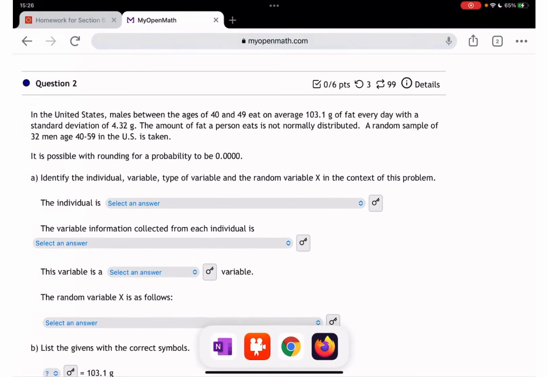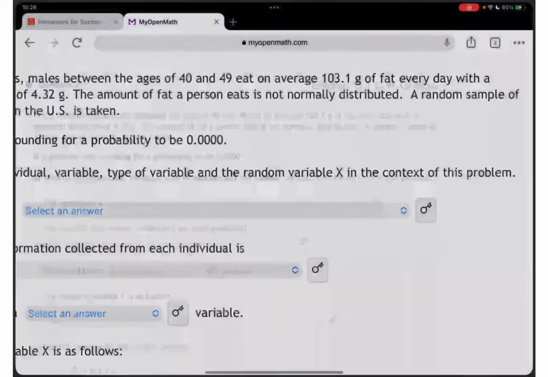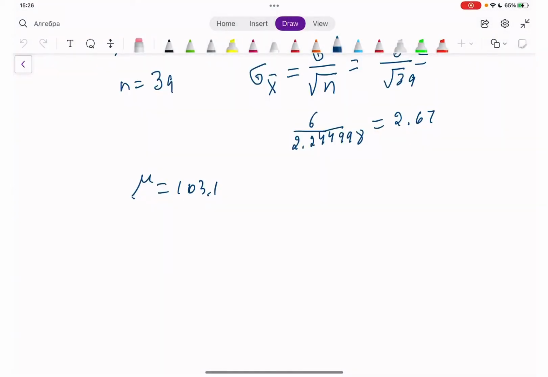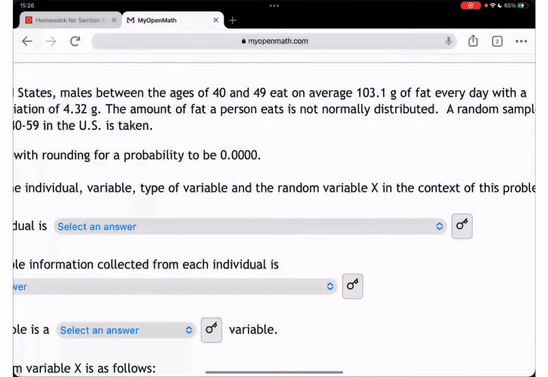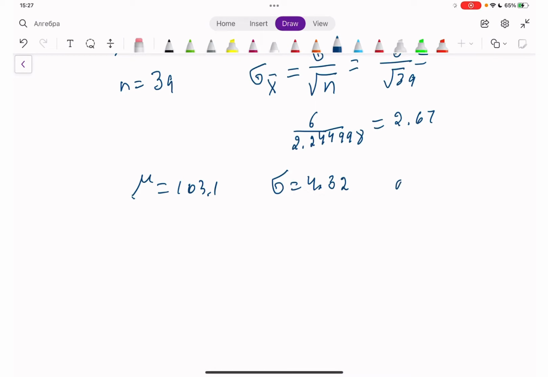Let me write down: average 103.1, and standard deviation 4.32. Okay, we have this data. Let's see what we want. The amount of fat a person eats is not normally distributed. Random sample of 32. Let me write down sample of 32.